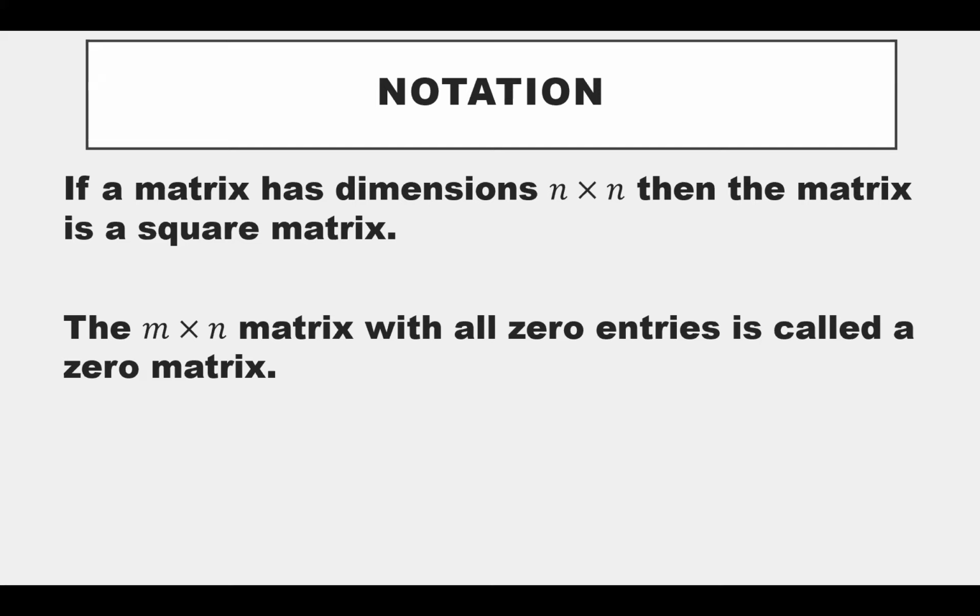If we have a matrix with every entry being the number 0, we call that an M by N 0 matrix. So the 0 matrix has all zeros. A square matrix has the number of rows and the number of columns equal.